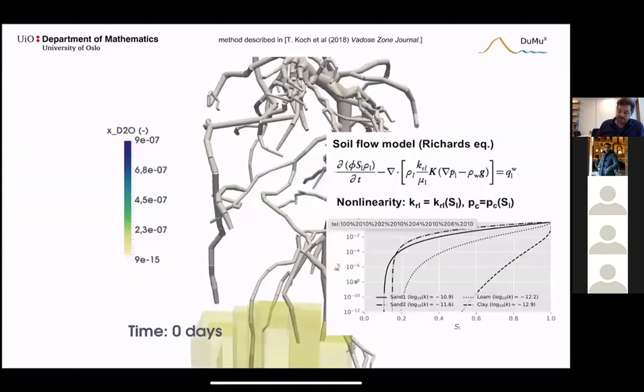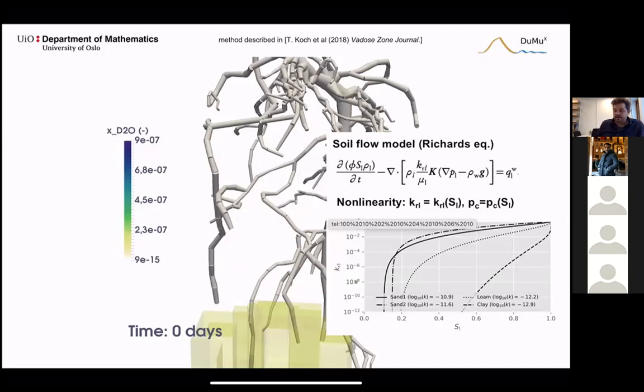And a second application now that I wanted to show that I also do in Dumux is simulating soil root flow. And the motivation here is that you want to understand how plants take up water from the soil. And there are experiments where they use some type of tracer that is going to be placed in the fluid surrounding the root.